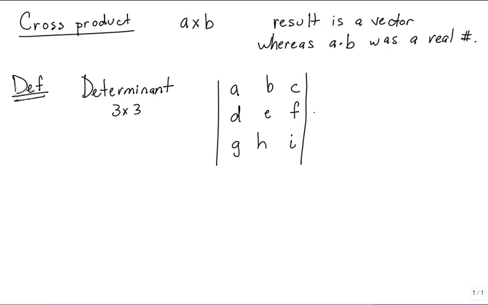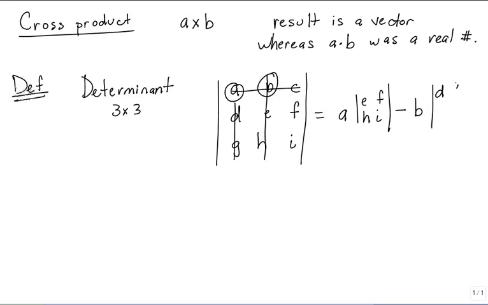The way we're going to figure it out is we're going to use A, the first entry, then cross it out, and you take the determinant of what's left. Then we're going to minus, move to the second column, B. We cross B out, and what's left is D, F, G, I. We're going to get determinants of 2 by 2s, and then we move on to C with a plus.